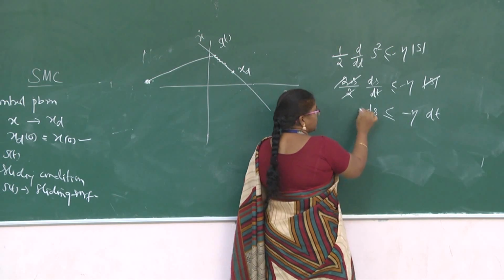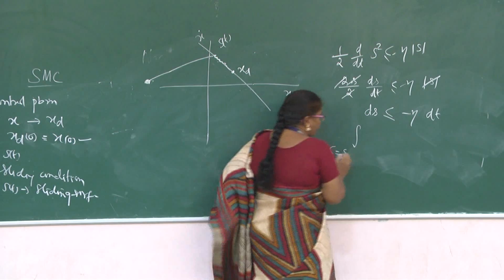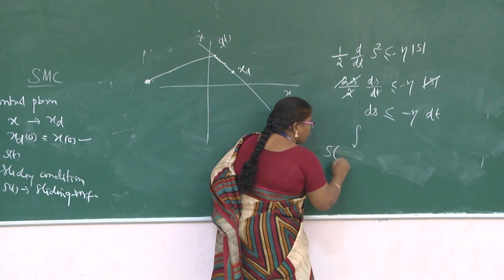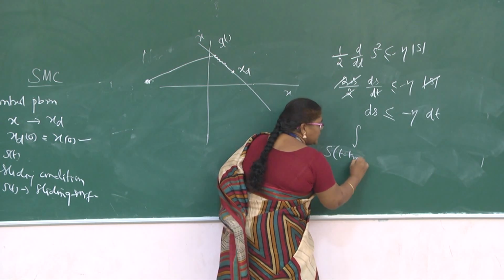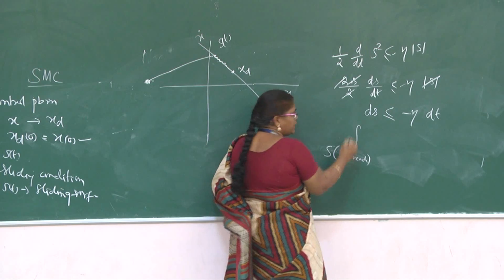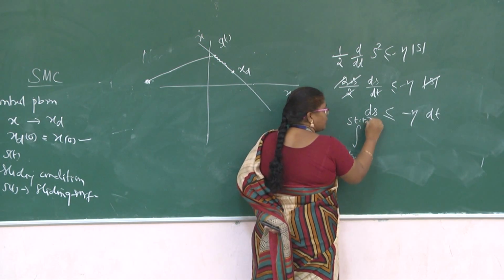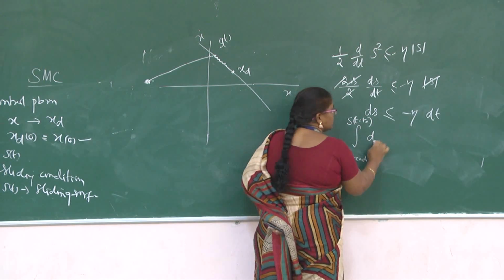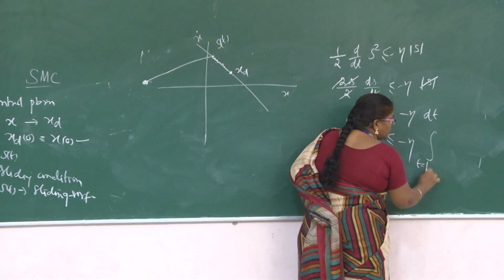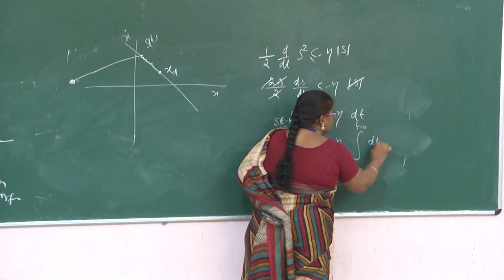So I am going to integrate this with s equal to s of t reach, because my trajectory has to reach. So s of t equal to t reach, and the lower limit is s of t equal to 0, or t naught I can say, and then ds less than or equal to minus eta, and again t equal to t reach and t equal to 0 dt.